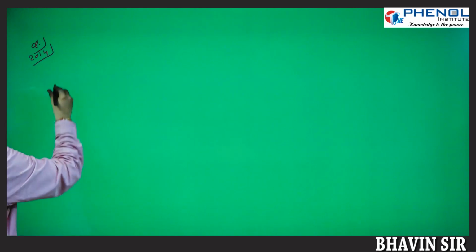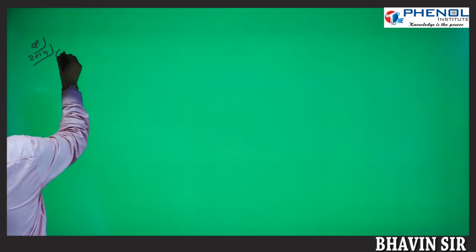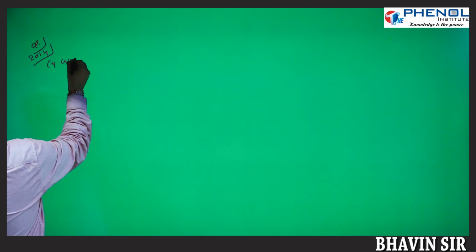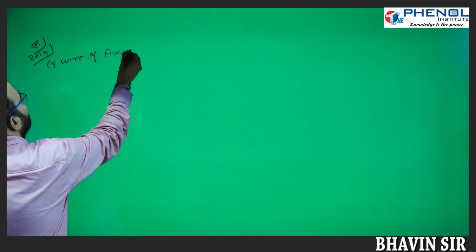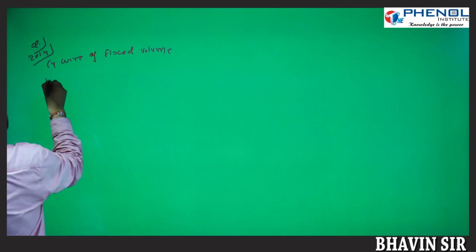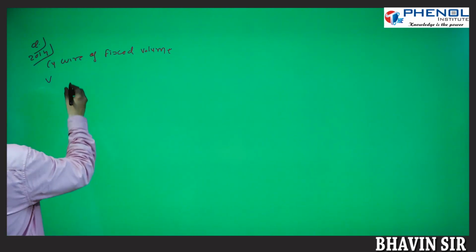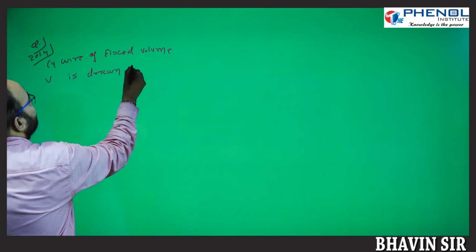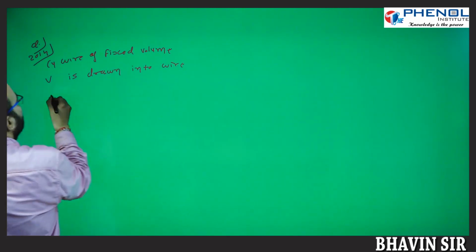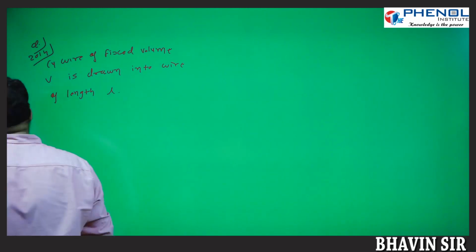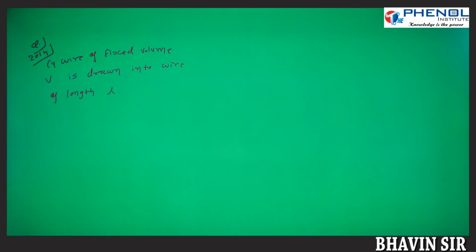Chalo, a copper wire of fixed volume V, the volume is constant, is drawn into a wire of length L. When this wire is subjected to a constant force F, the extension produced in the wire is delta L.